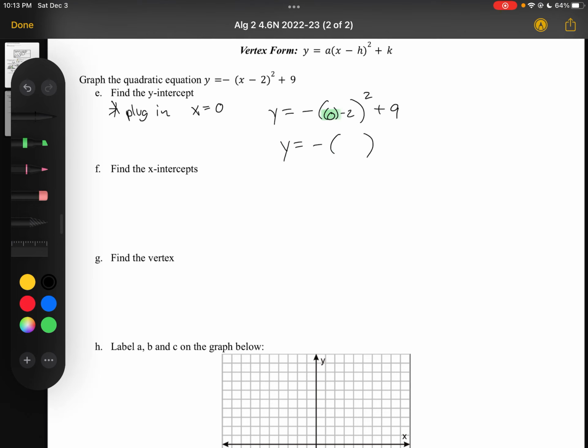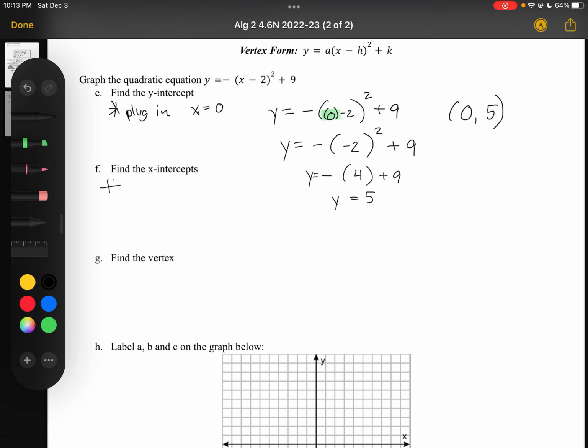So y equals negative 0 minus 2 to the second power. So negative, and then negative 2 squared is 4. So we'll get 5 for our y-intercept. So x is 0, y is equal to positive 5.